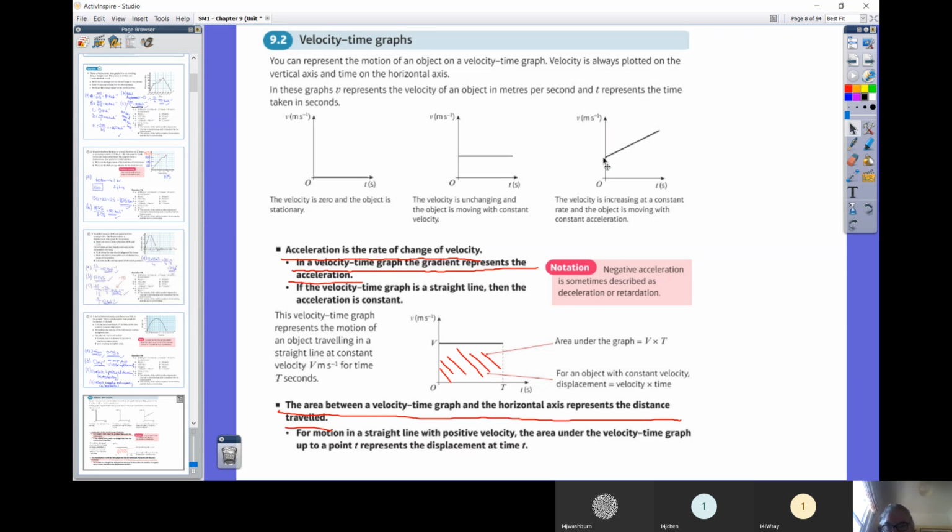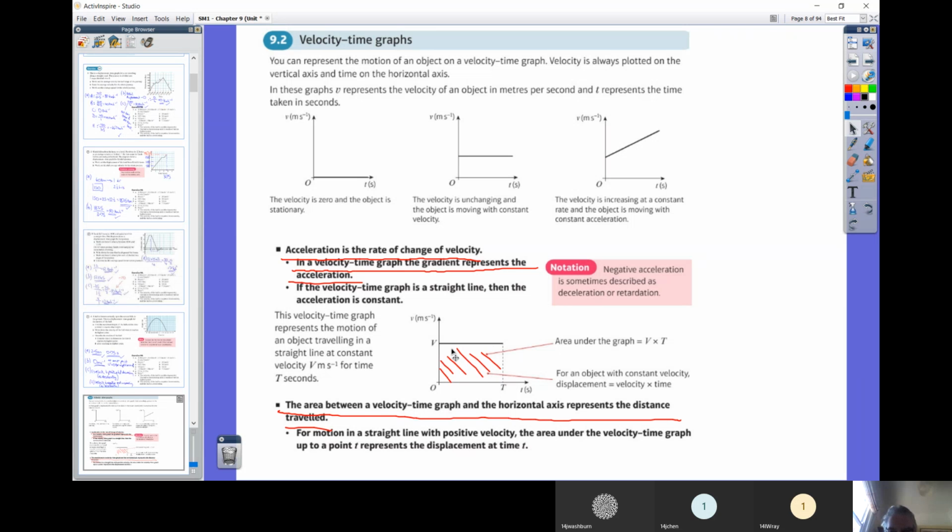To work out the gradient, it's just y step over x step. You just get a triangle and you do your y step over the x step. So your acceleration for velocity time graphs is your gradient, but the displacement, the distance traveled, is the area underneath the line.